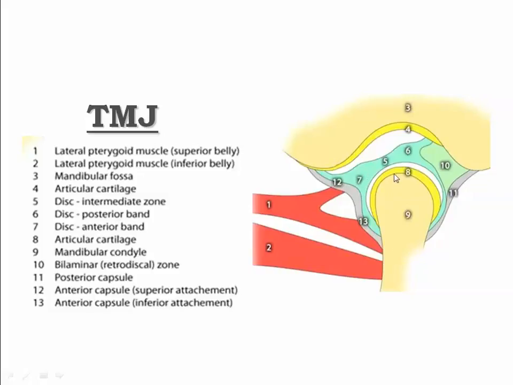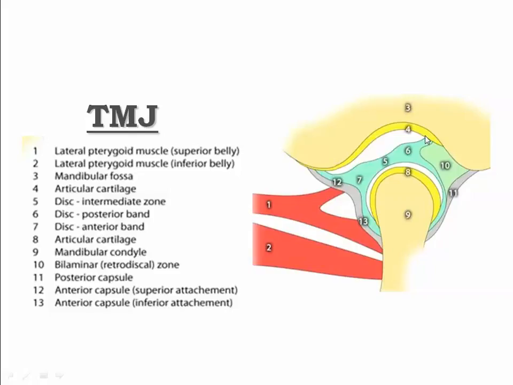In between the head of the mandible and the temporal fossa, there is an articular disc, which has a very characteristic anatomic structure and is a very important issue in the function of this joint. First, we would like to see the very small anatomy of this area.